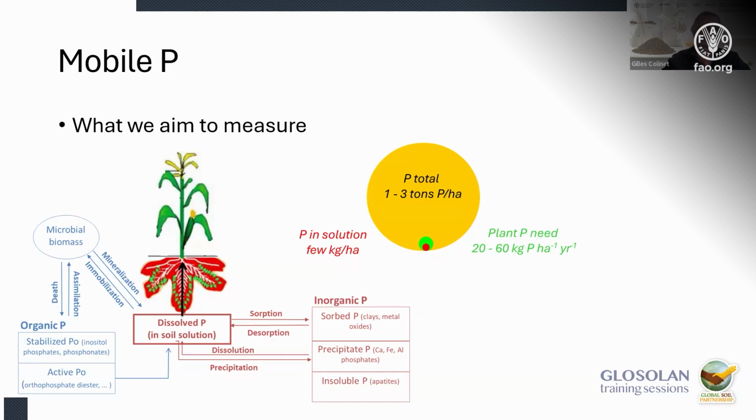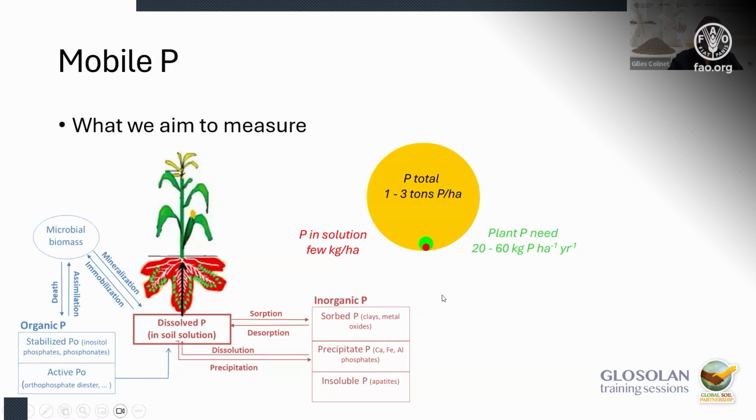If you have soils that are very rich in organic matter, they will have a high content of organic phosphorus. Some of the organic phosphorus is in forms that are difficult to mobilize, so you need the transformation by microorganisms, of course. And so there is a part that is active and a part that is more stabilized.